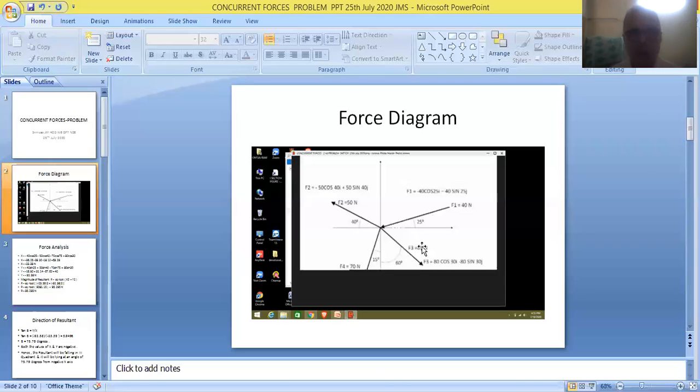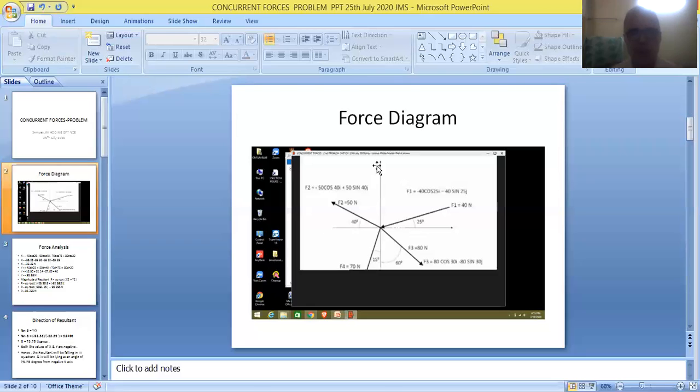Friends, secondly, what are the angles? What is the angle made by each and every force? These values are given. This is given as 25 degrees. The first force is making an angle of 25 degrees with the positive x-axis. And this is the positive x-axis, and here we have the negative x-axis.